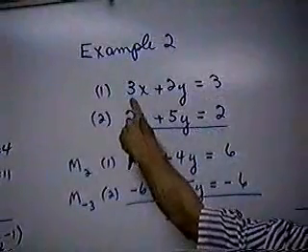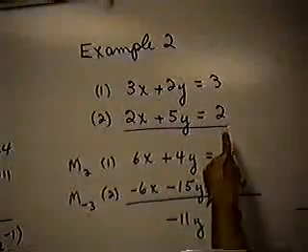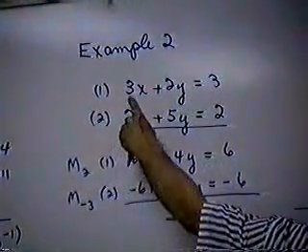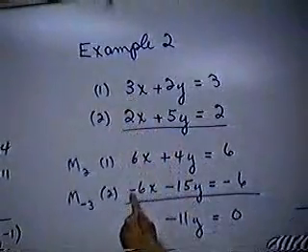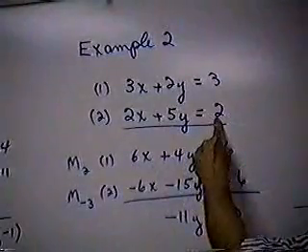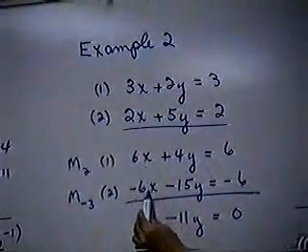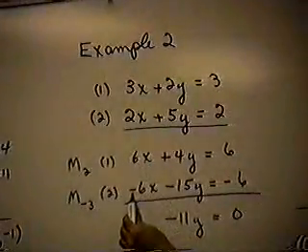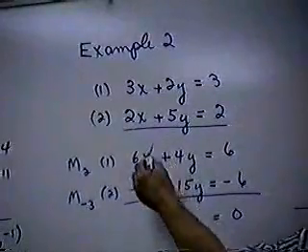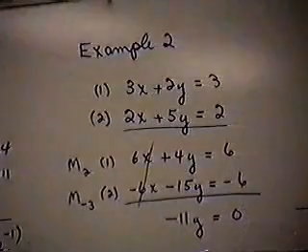So multiplying the top one by 2, 2 times that's 6x, 2 times that's 4y, 2 times that's 6. Multiplying the bottom equation by a minus 3, I will have a minus 6x, a minus 3 times this is a minus 15y, and a minus 3 times this is a minus 6. And now I have the same values for x, one being a plus, one being a minus. So when I add these, the x's drop out, and I get a minus 11y is equal to 0.